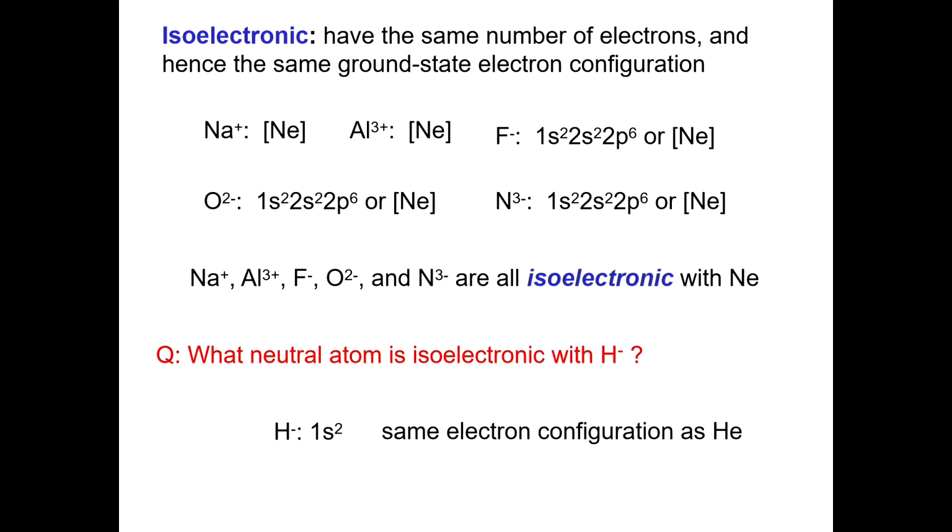Each element has a different number of protons. For cations or ions, they may have the same number of electrons, but their numbers of protons are different, so they are different elements.